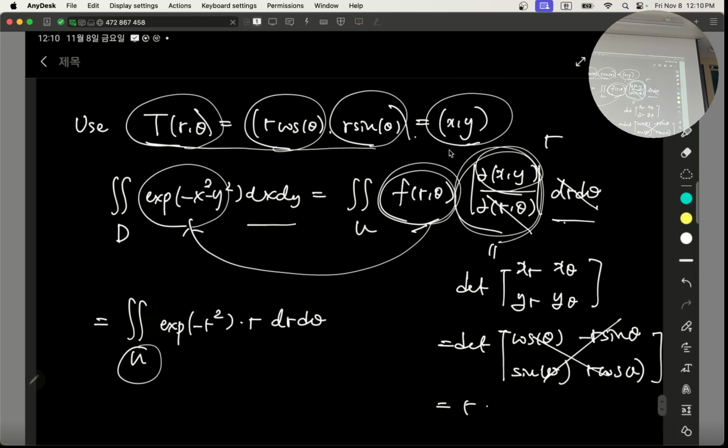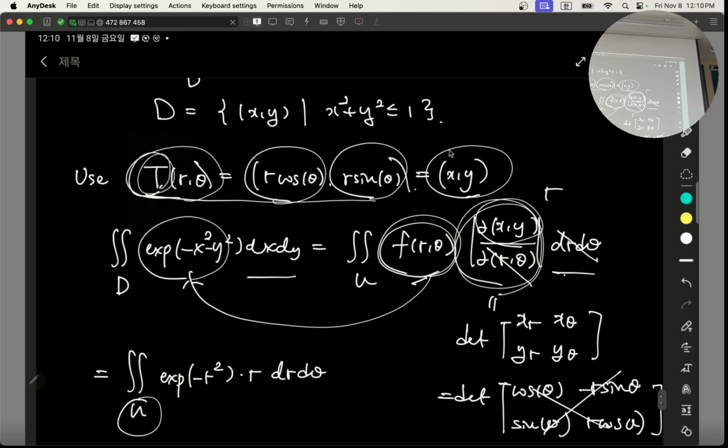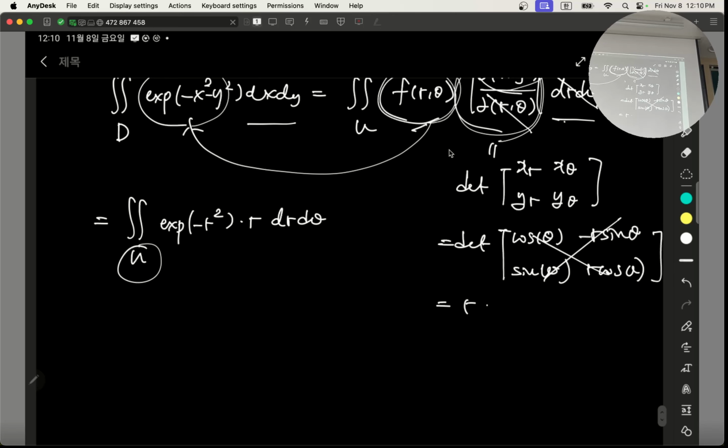U is the domain of the transformation function whose image is the given region, which is the circular region. Since the transformation is the polar coordinate, it's easy to think about what that is instead of drawing things.